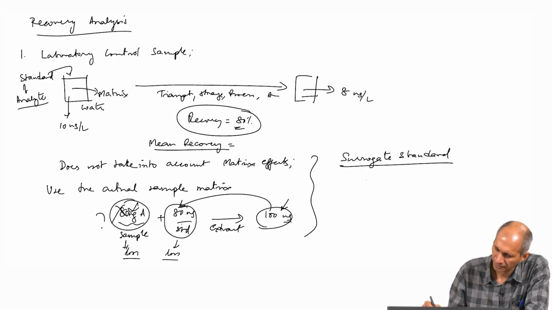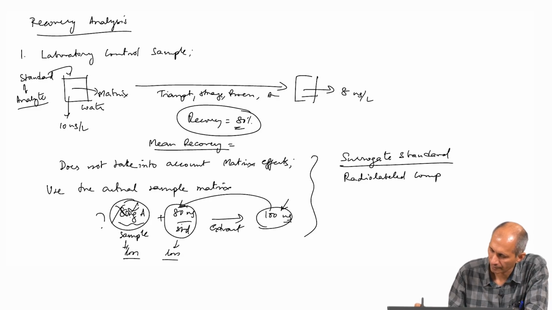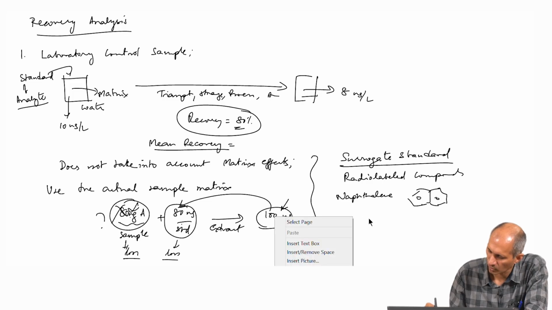So, what we are looking at is typically things like radio labeled compounds. For example, if you are looking at naphthalene, that is 2 benzene rings. The radio label part is either replacing one C12 by C14 or replacing one H by deuterium, some such thing.